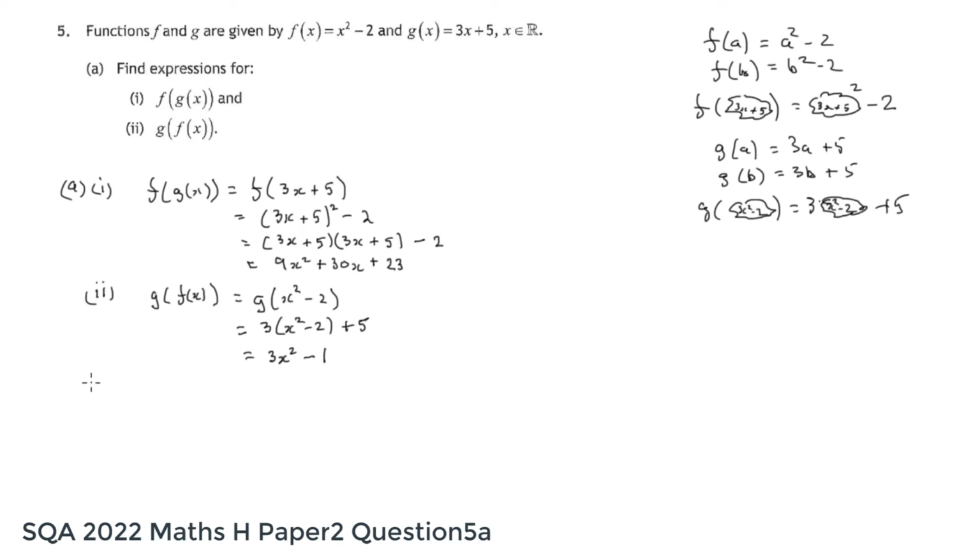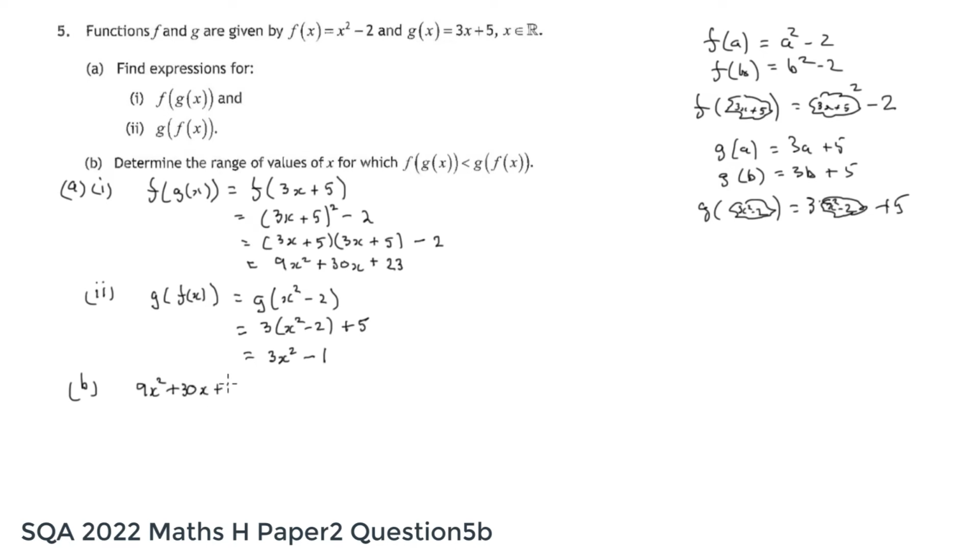So let's have a look now at part B. Part B asks us to determine the range of values of x for which this expression is less than that expression, and we've worked out part of this. So we basically have this quadratic expression, 9x squared plus 30x plus 23, that's f of g of x.